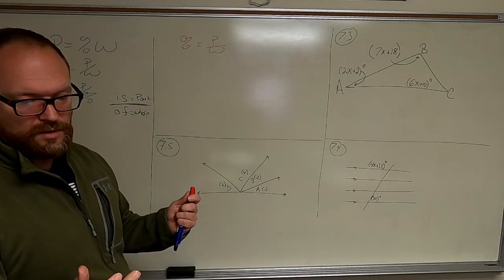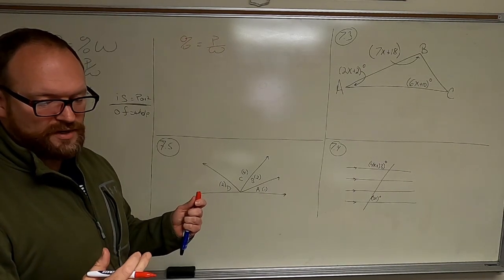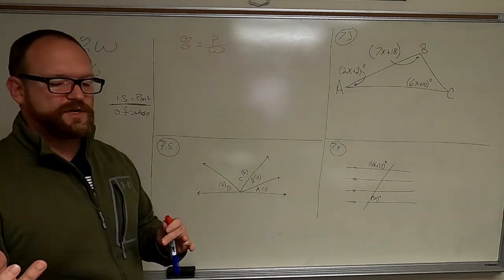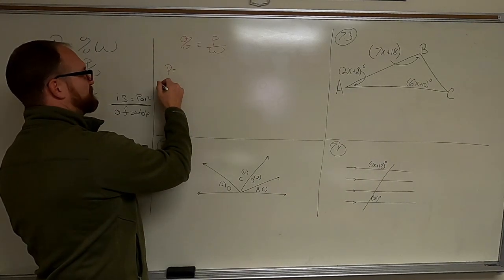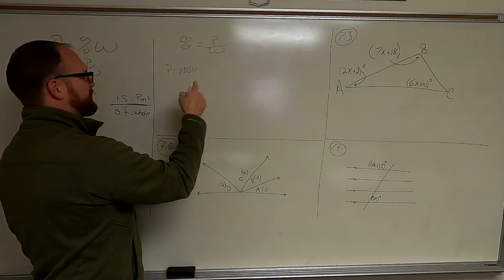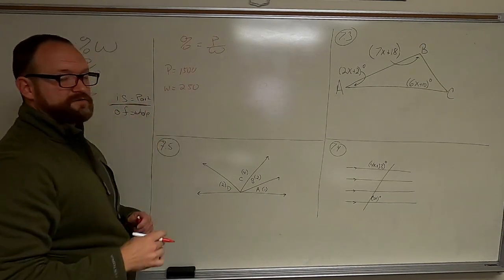Well, what is our part? Now this one can be a little tricky because our part is 1500, because it says 1500 is what percent of, that's the whole, of 250.